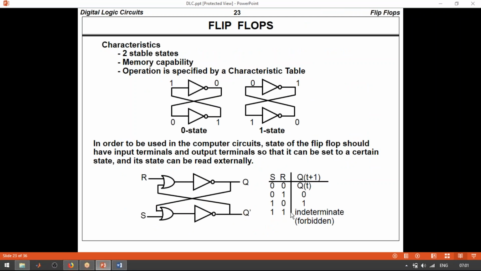One case is I have to delete these two values. What I am doing here is just connecting one NOT gate. So if the input S is 0, then R will be 1, and if it is 1, then R will be 0.